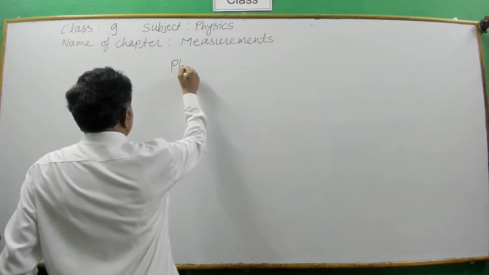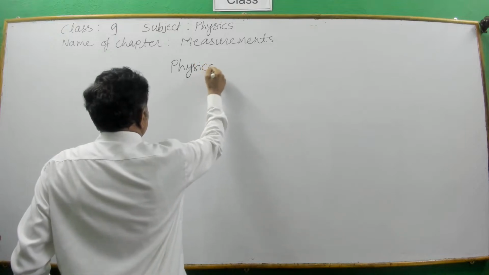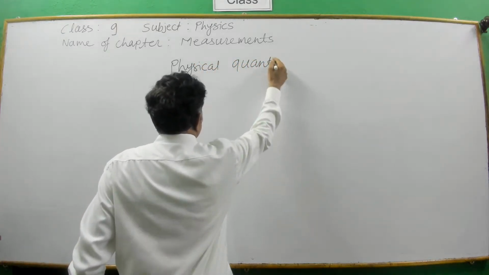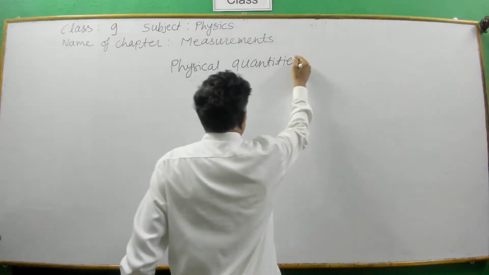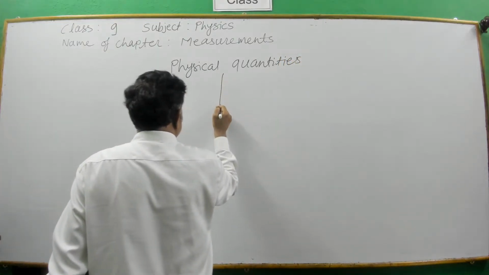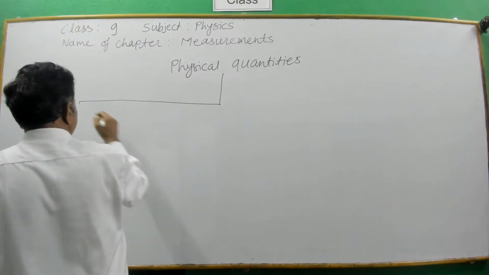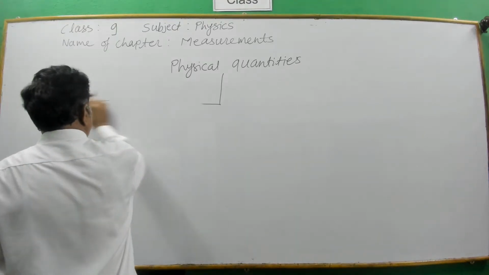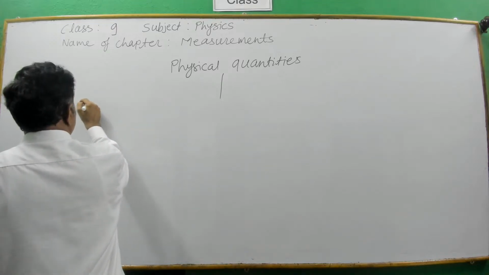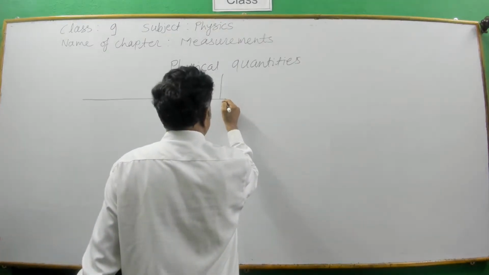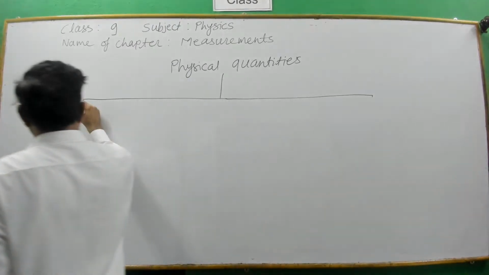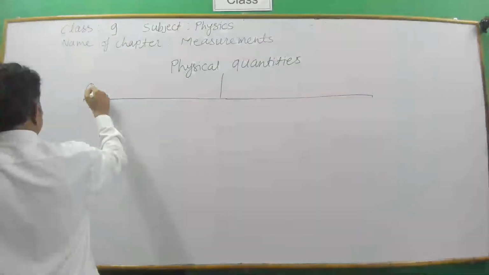So boys and girls, physical quantities are divided into how many types? Two types. On what basis?